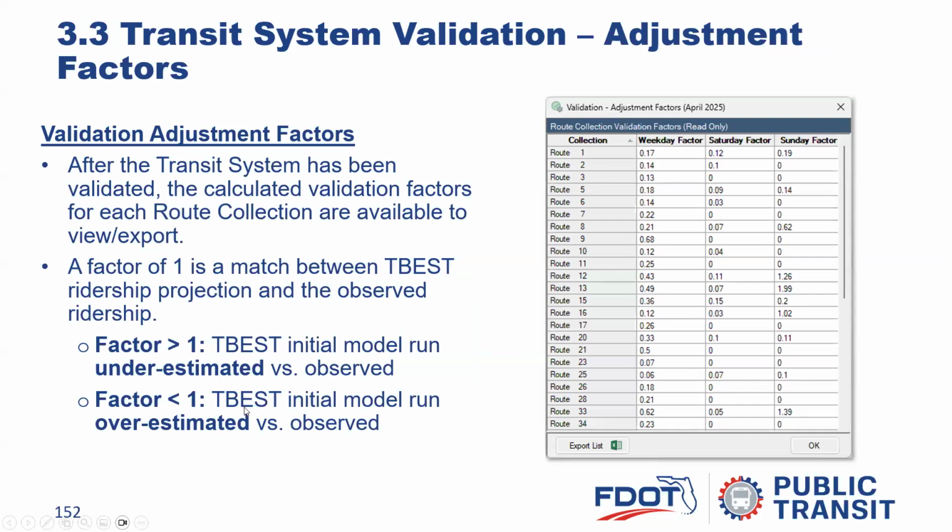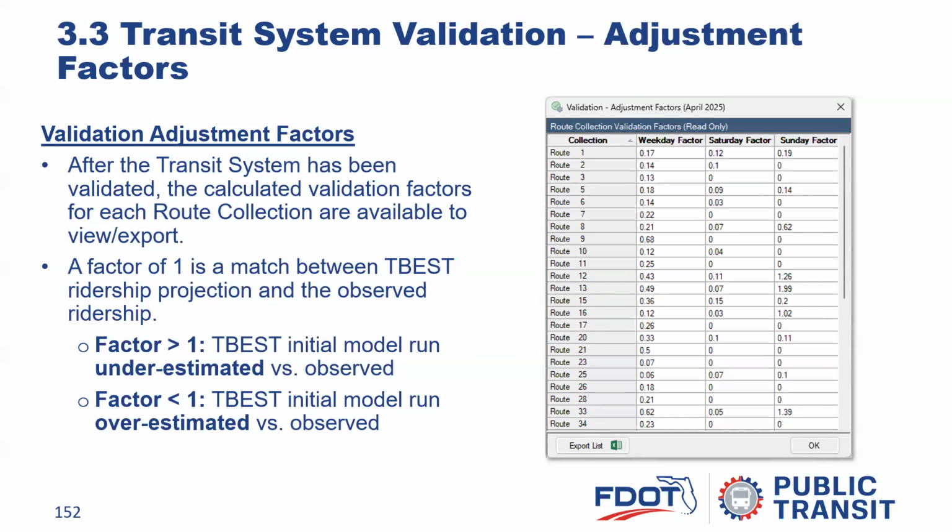Okay, so just to look at the adjustment factor. After validation, what we can do is come into the validation adjustment factors. There's an option if you right click on your transit system, your base scenario, you can come in and look at these validation factors at the route level. Basically a factor of 1 is a perfect match between the TBEST ridership estimation and the observed ridership.